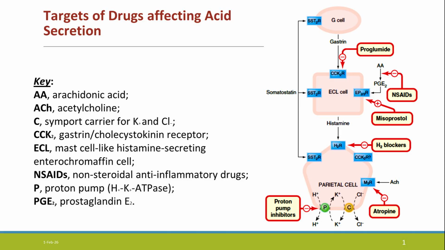Direct vagal stimulation also provokes acid secretion, and released acetylcholine directly stimulates M3 receptors on parietal cells. Somatostatin probably exerts a tonic inhibitory influence on G cells, ECL cells and parietal cells, while local, or therapeutically administered, prostaglandins exert inhibitory effects predominantly on ECL cell function.